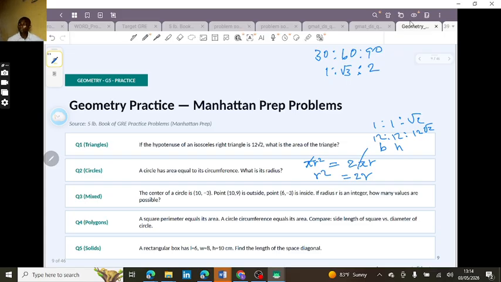And point (6, -3) is inside. If the radius is an integer, how many values are possible?